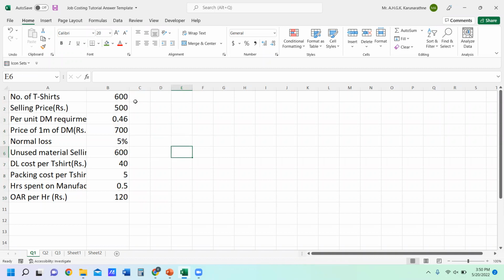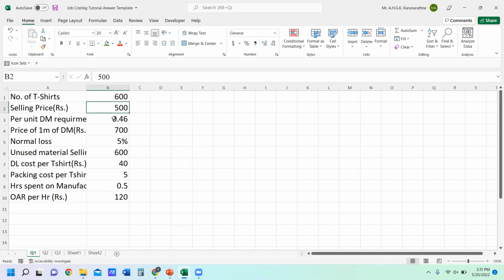So the scenario says the particular company has accepted an order to produce 600 t-shirts. The agreed price per shirt is 500 rupees.